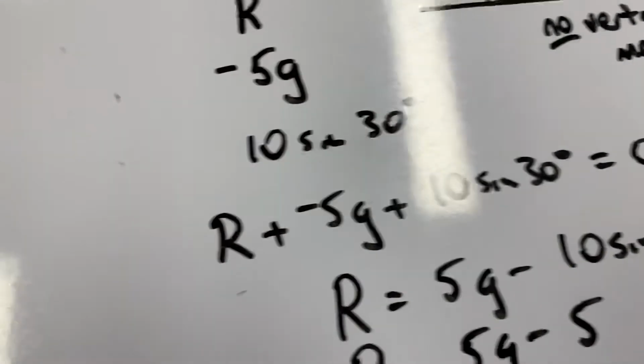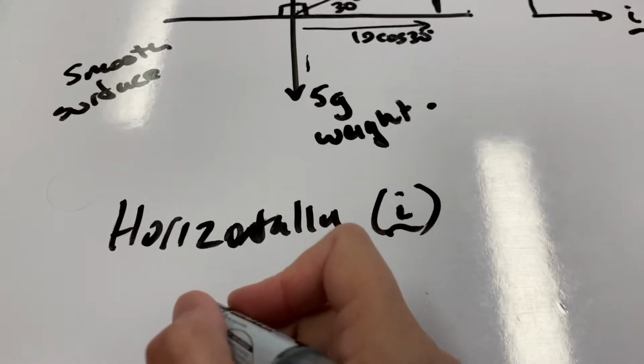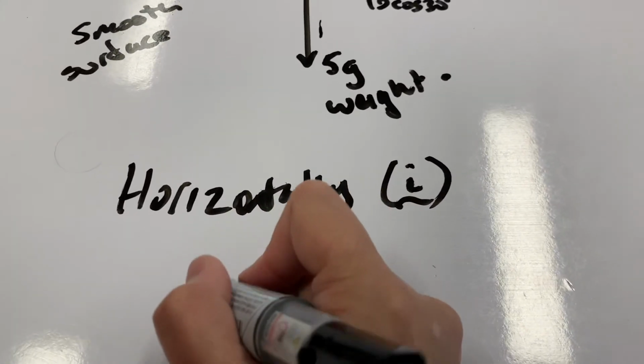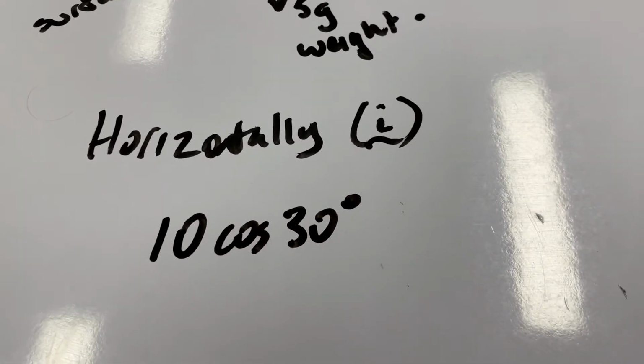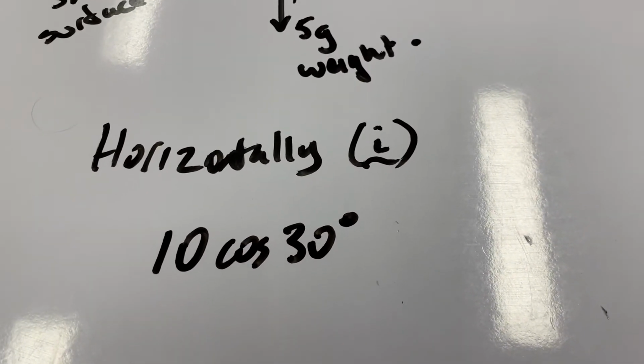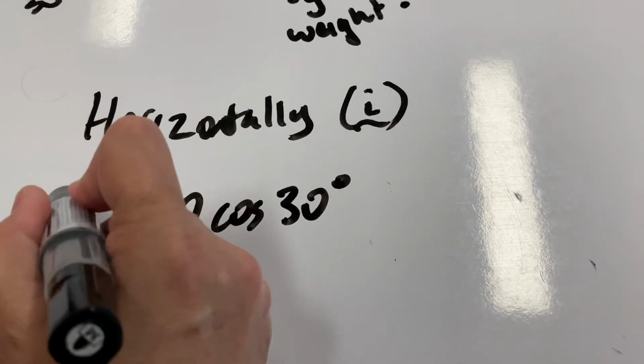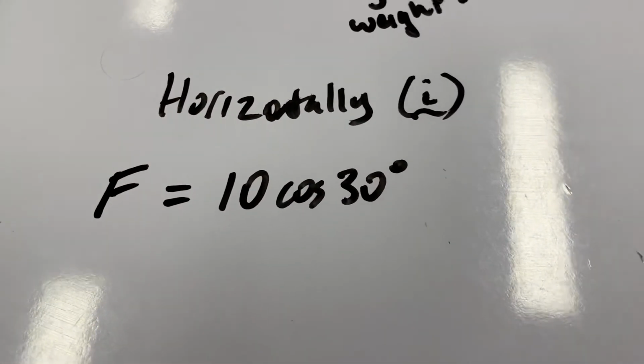Now, horizontally speaking, we've got 10 cos 30 in the horizontal. So that's my force. My force is equal to 10 cos 30.